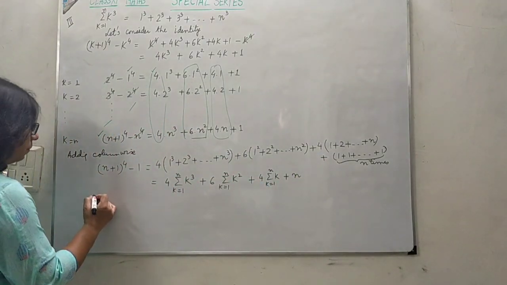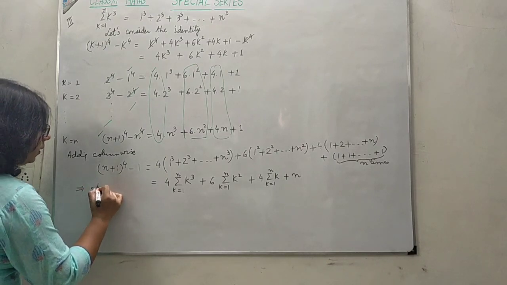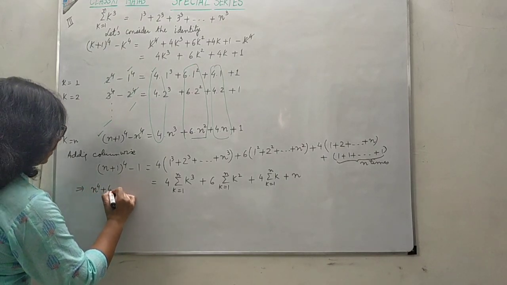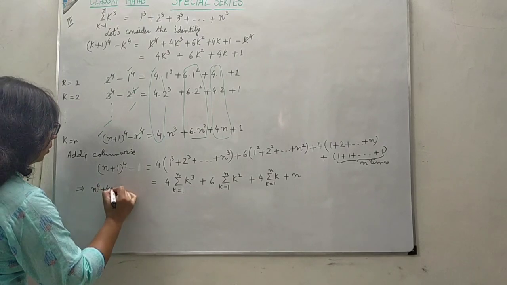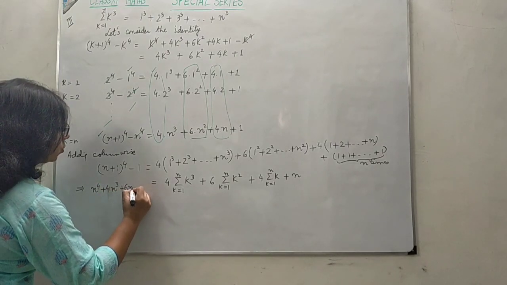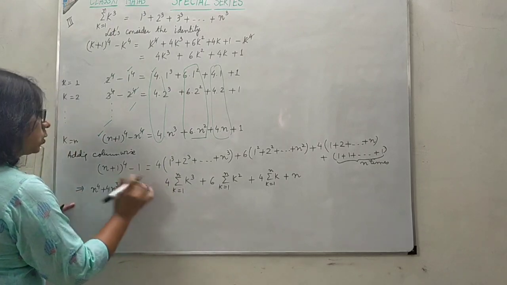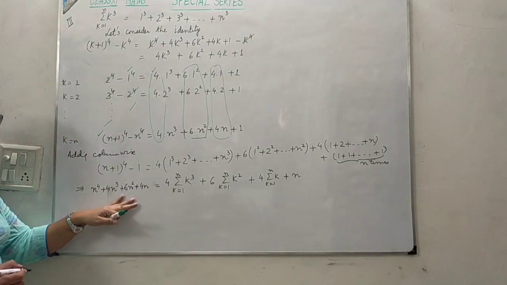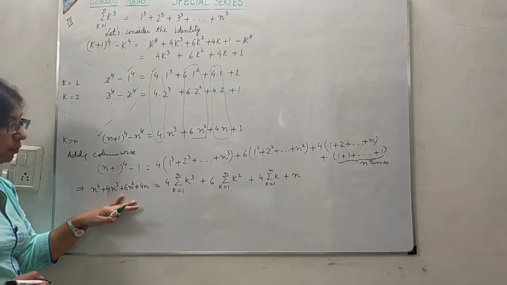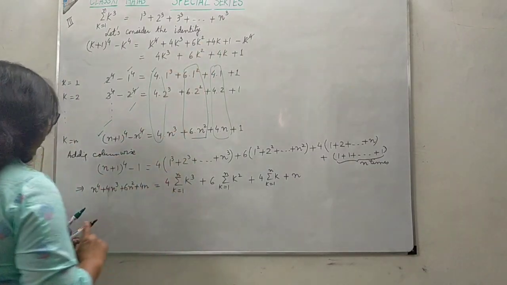So if I simplify this, it is n to the power 4 plus 4n cube plus 6n square plus 4n, and minus 1 plus 1 will get cancelled. We are left with this term on the left side as we have done earlier.